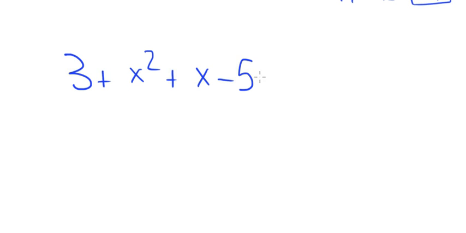All right, you're going to see two problems like this on the test. You're going to see something that's going to say 3 plus x squared plus x minus 5 plus 2x squared. Okay, remember when we're adding these, we can't join unlike terms, can we?